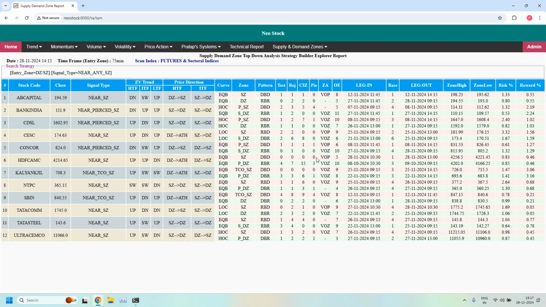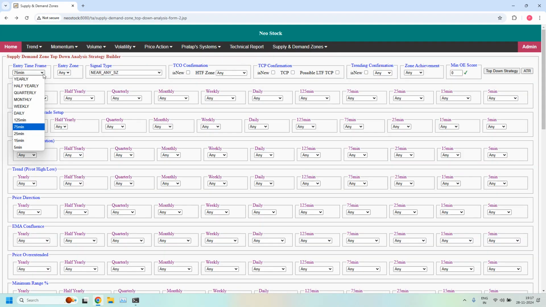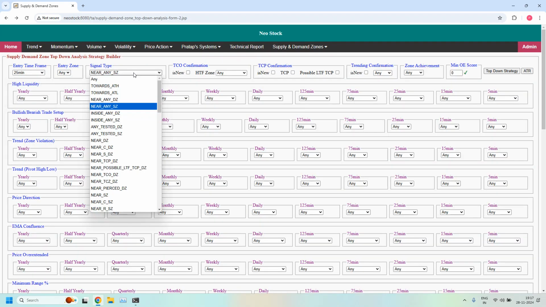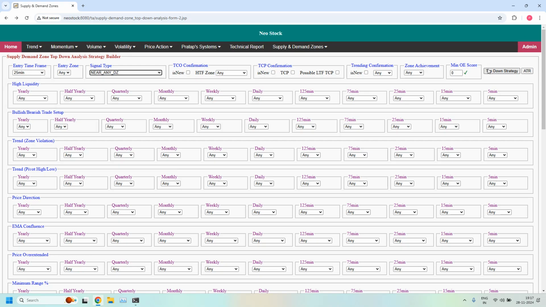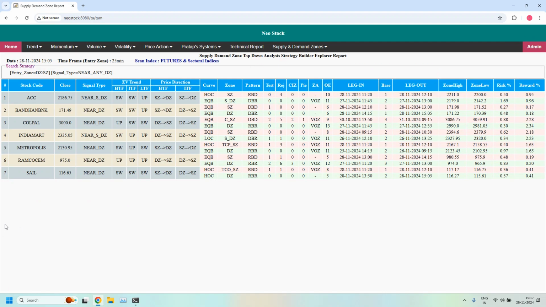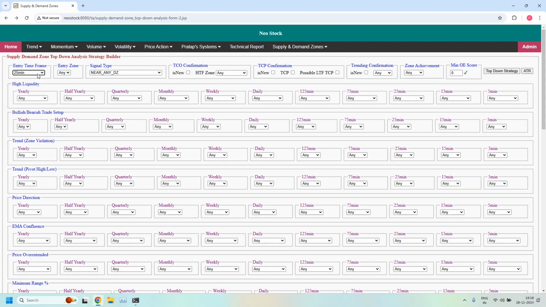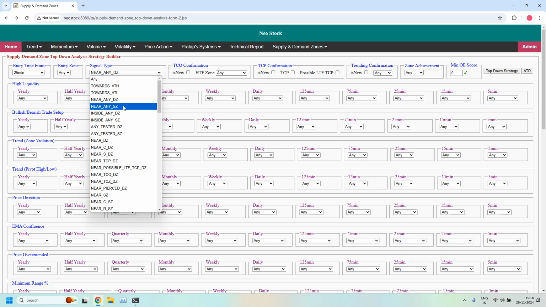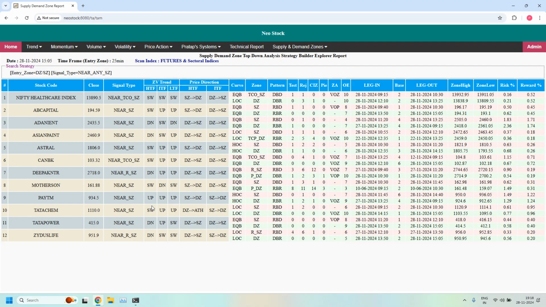Okay. Next time frame is 25 minutes. Stocks near 25 minutes demand zone. We got 7 stocks. Next 25 minutes time frame. Stocks near 25 minutes supply zone. We got 12 stocks.